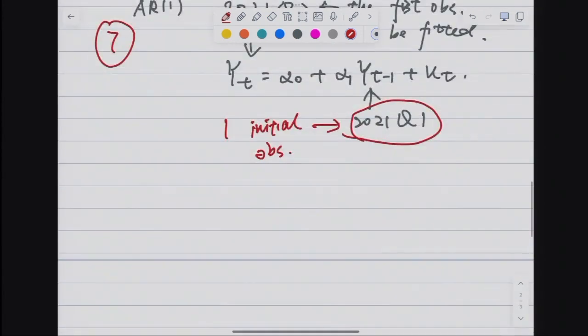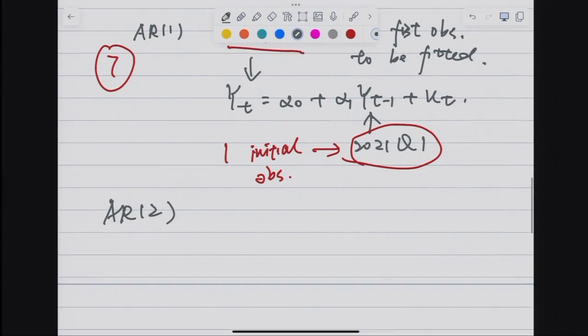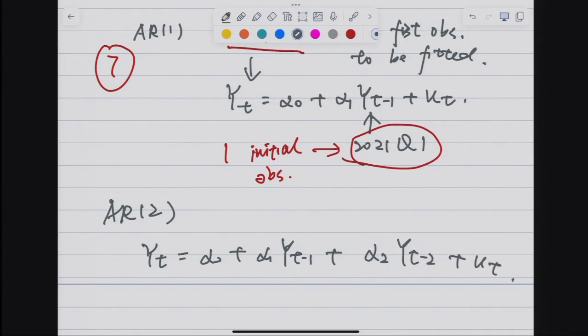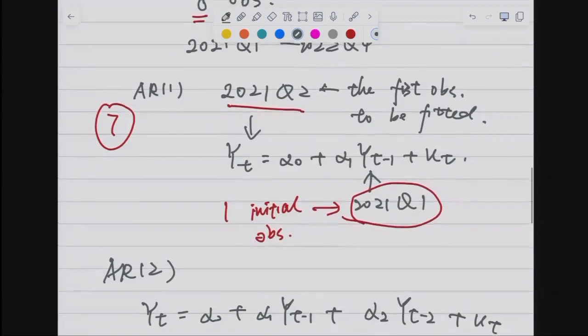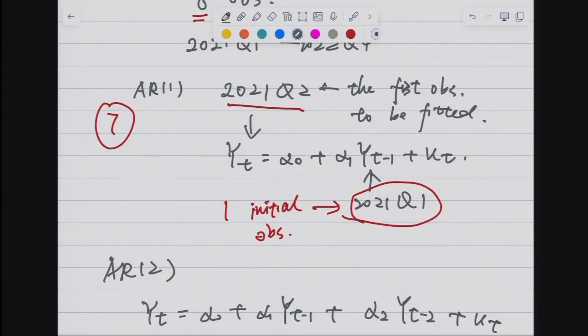Now, for an AR2, we need to include 2 lags on the right-hand side. Can we actually have 2021 Q2 being fitted to an AR2 in this case?